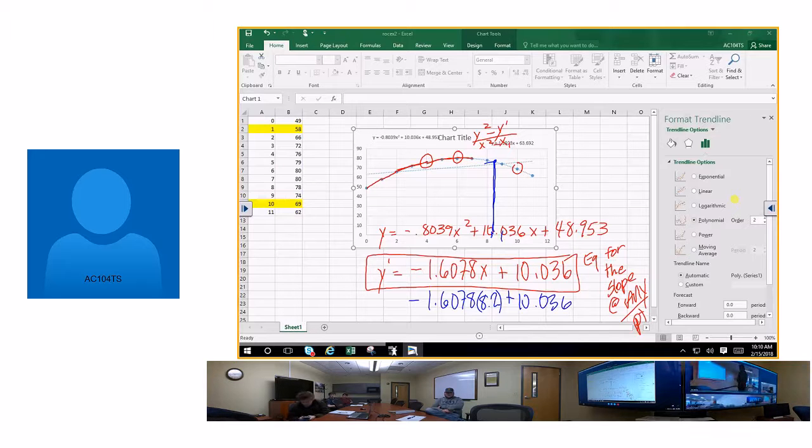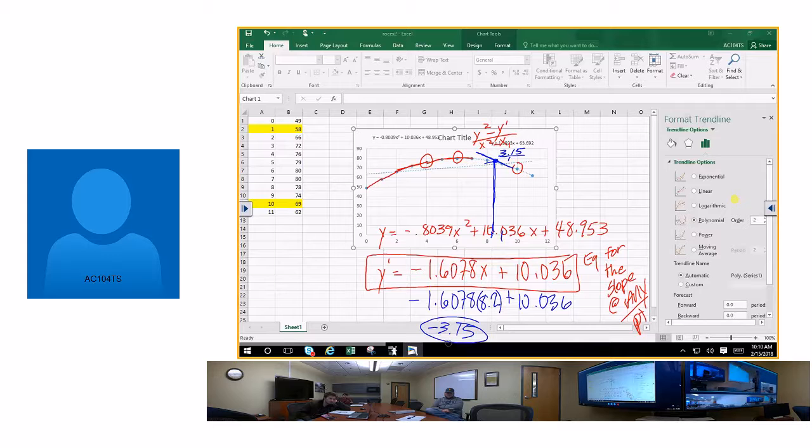What would it be? Negative what? 3.15. So the slope right there is 3.15 over 1, and it's negative, which means left to right down.